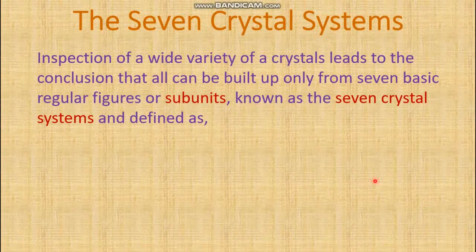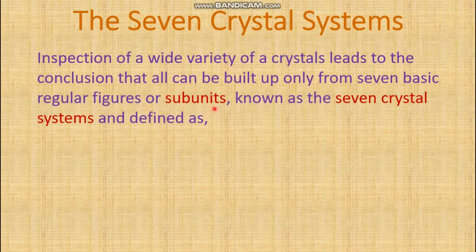So let's start 7 crystal systems. Inspection of a wide variety of crystals leads to the, here the A should be omitted, this is wrong English, variety of crystals, it should be variety of crystals, leads to the conclusion that all can be built up only from 7 basic regular figures or subunits.